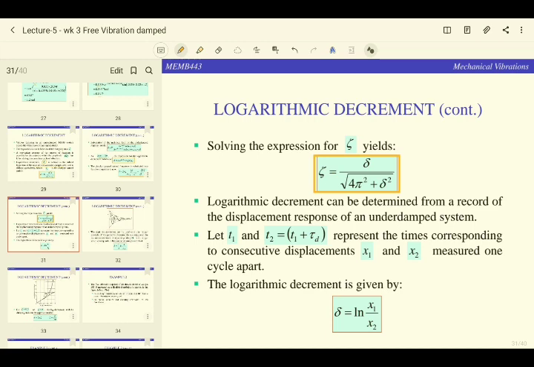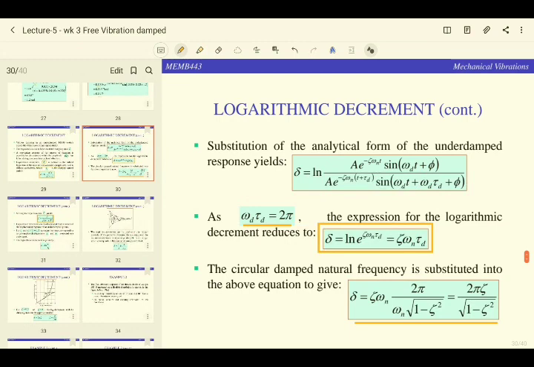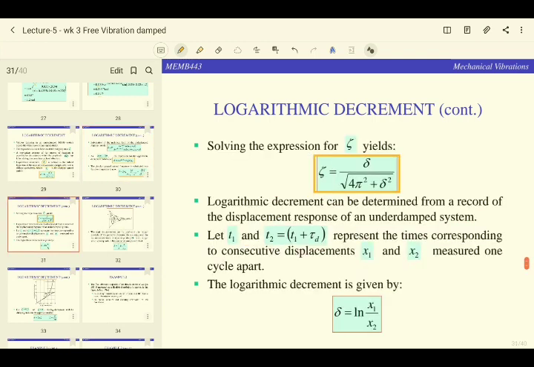So what is delta? You can see here the delta, or the logarithmic decrement relationship. Once you get your delta, you can get your zeta. So basically, logarithmic decrement in short is how you can determine your damping ratio, zeta.